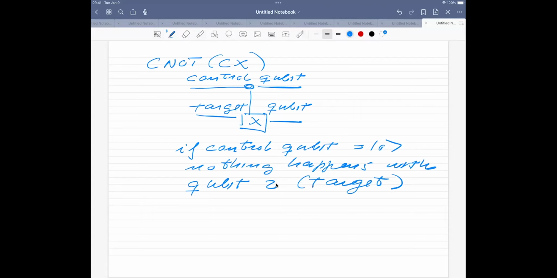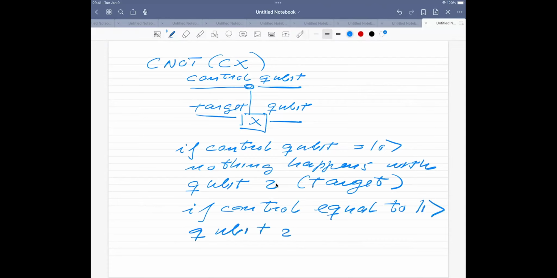So this is a way of performing a NOT operation on a 2-qubit state. If the control is equal to 1, then qubit 2, the target, changes. Okay. So this is one type of operation.